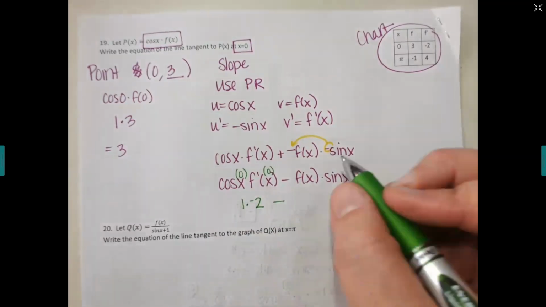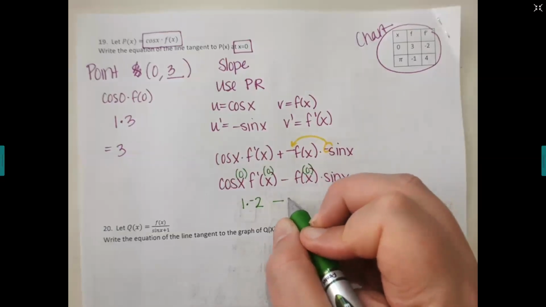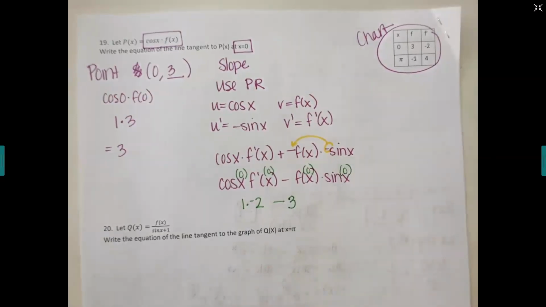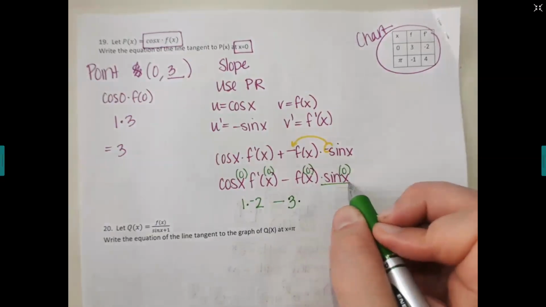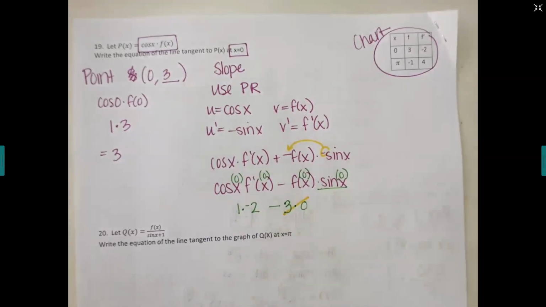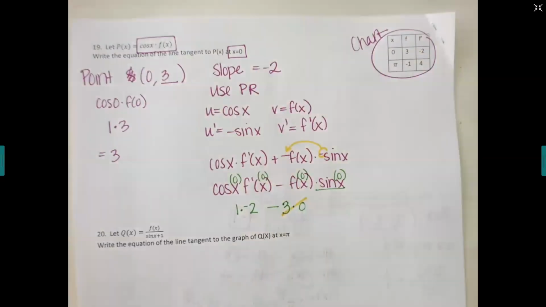What's regular f of 0? 3. And then what's the sine of 0? Sine of 0 is 0. Then 3 times 0, that whole back is going to fall off. So really, you just have 1 times -2, which is -2.